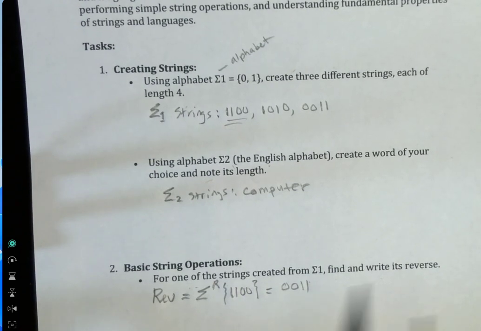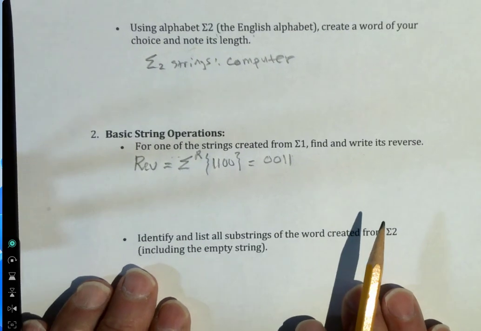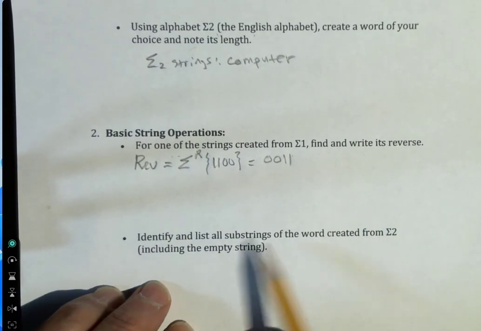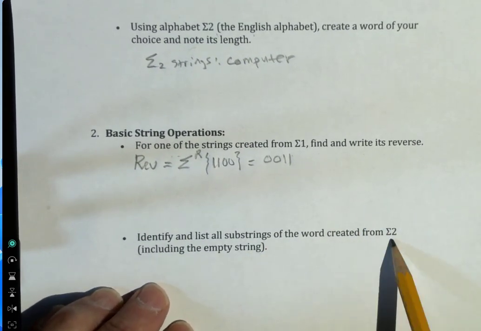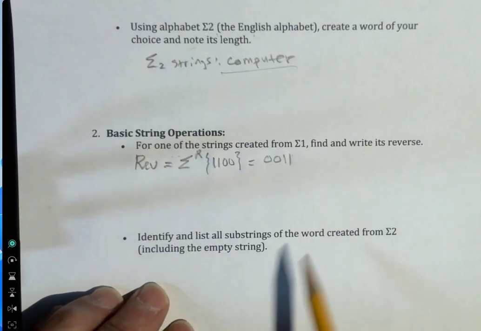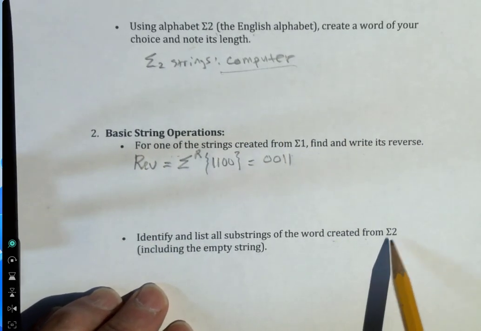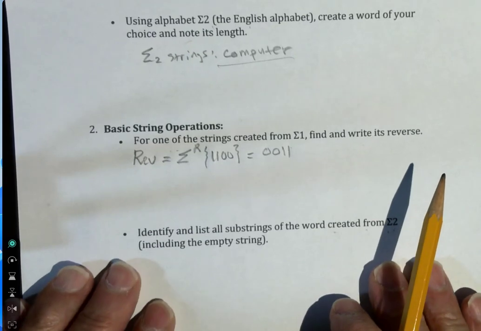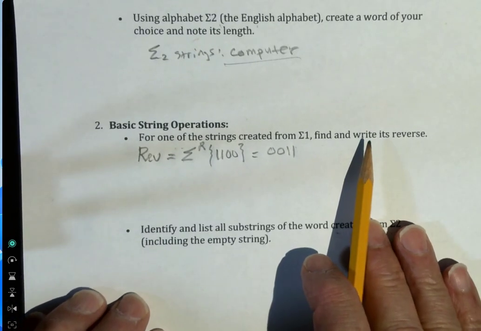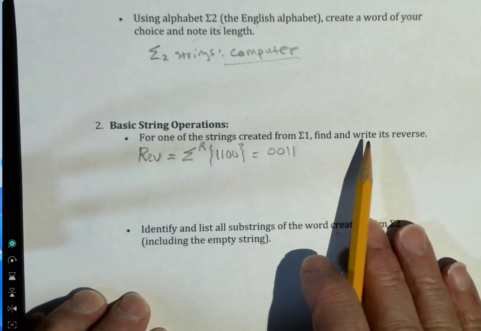And then the second one: identify and list all substrings of the word created from sigma 2, the computer, including the empty string. So the empty string is represented by epsilon.